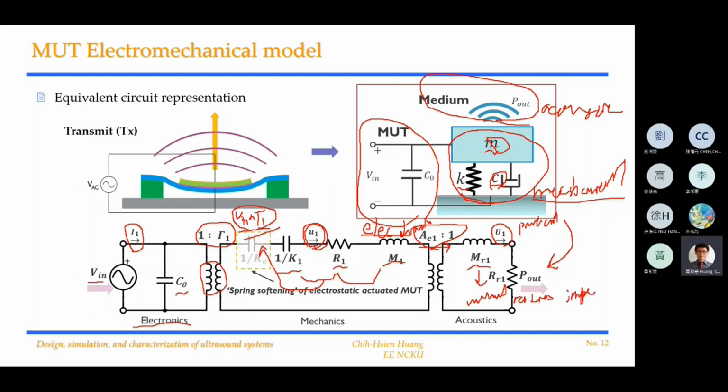This is the acoustic impedance inside your medium: how much of it can consume the energy you transferred. Then after that comes how much pressure output we get. So this is the fundamental structure of the circuit model, and we are going to base on it to build our equivalent circuit model for PMUT.